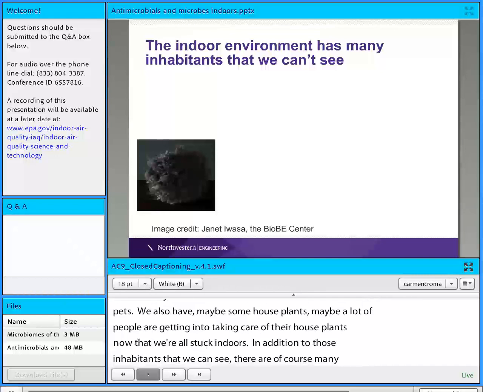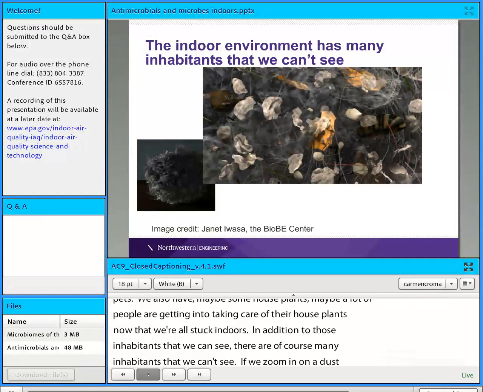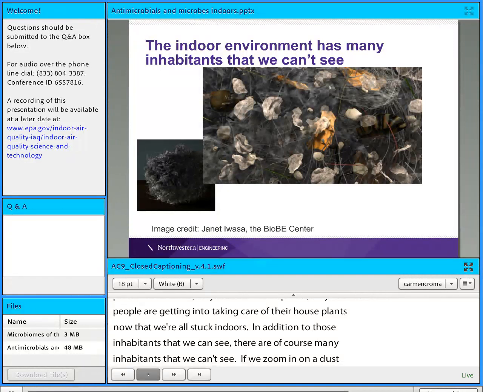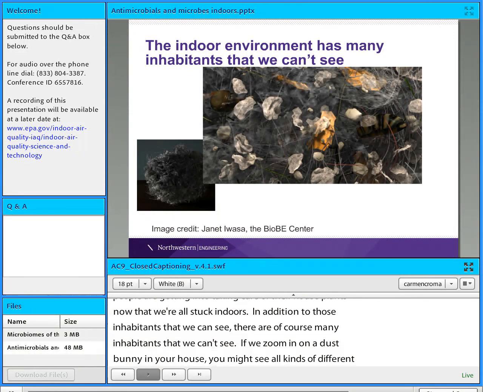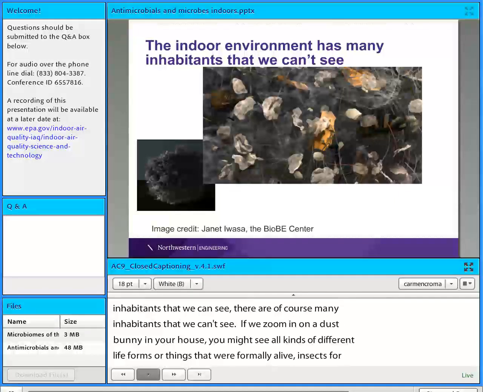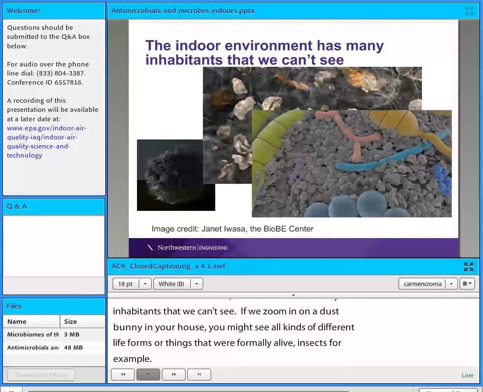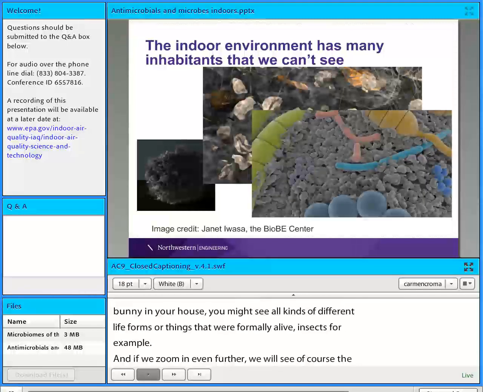And if we zoom in on, for example, a dust bunny in your house, you might see all kinds of different life forms or things that were formerly alive, so insects, for example. And if we zoom in even further, we will see, of course, the subject of today's talk, which is our microbial cohabitants.